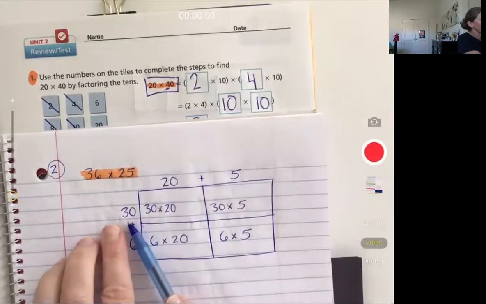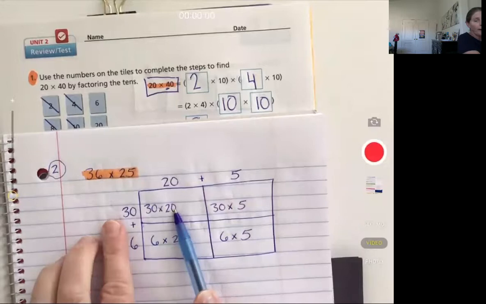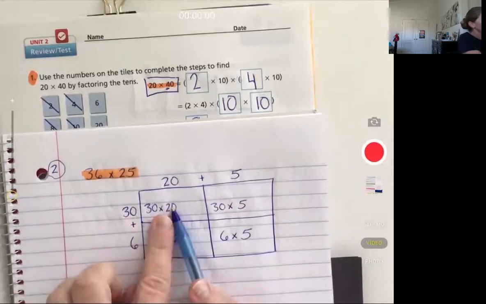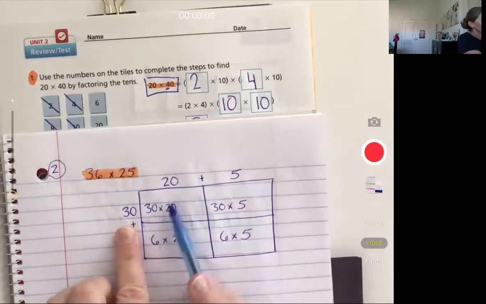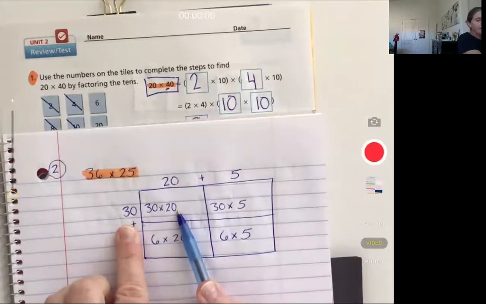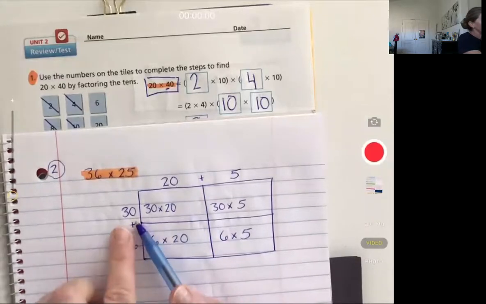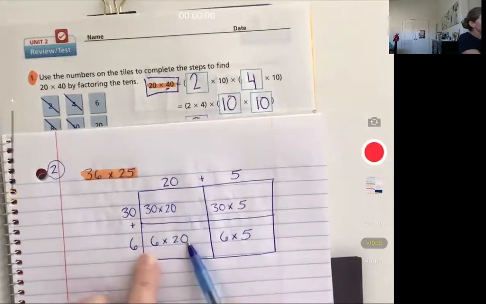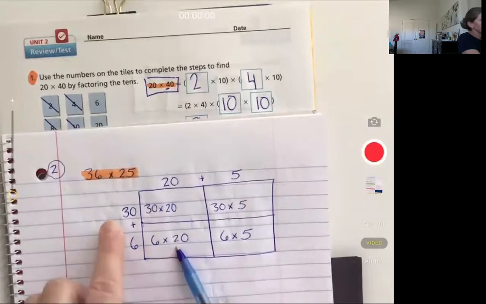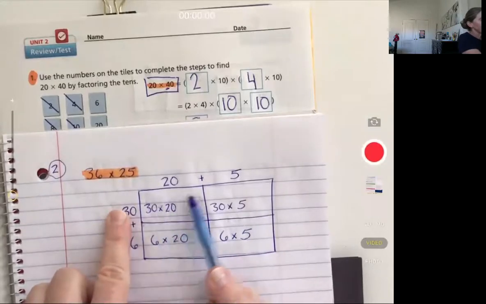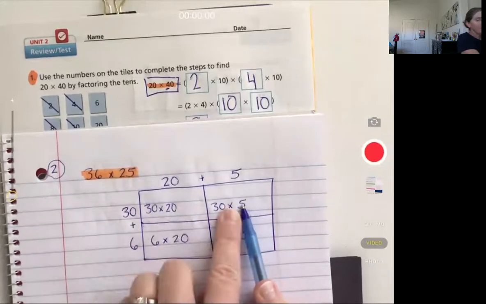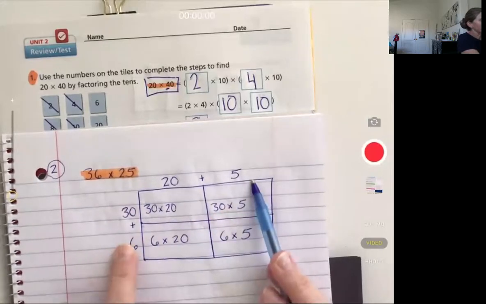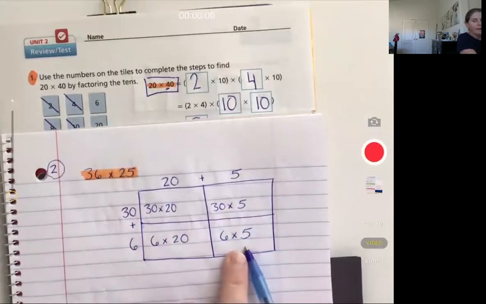Now I can start creating the partial products. This partial would be 30 times 20. Then I would have 6 times 20. Then I could have 30 times 5. And finally, 6 times 5.